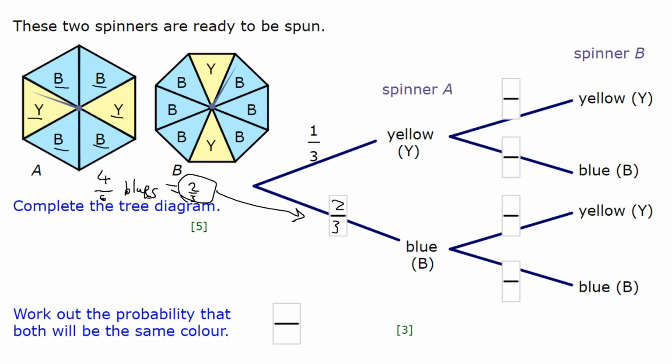Now let's look at spinner B. Spinner B has 1, 2, 3, 4, 5, 6, 7, 8 faces, okay? 2 of them are yellow, so the probability of yellow is equal to 2 over 8, which simplifies to 1 in 4. I said in a previous video that you do not need to simplify if it's a probability.